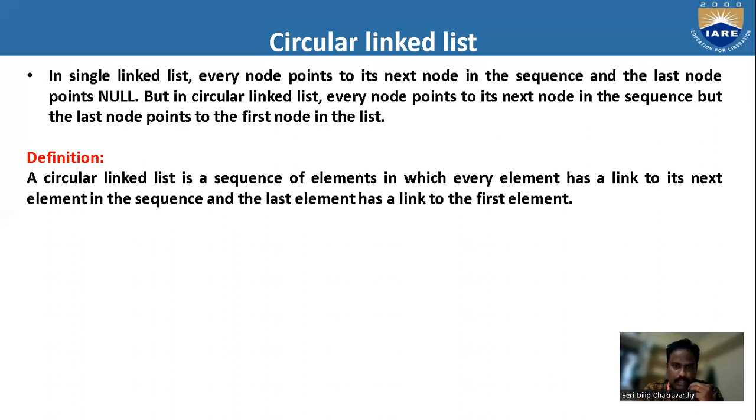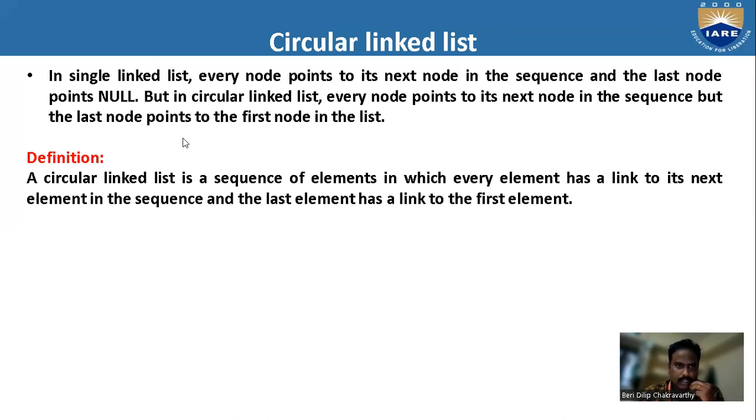In both the cases, if you observe single linked list and double linked list, the address field of the last node is null. That means there is no other node in the list. Okay, but suppose instead of placing null, it again points to the first node, holding the address of the first node, then we will call that linked list a circular linked list.